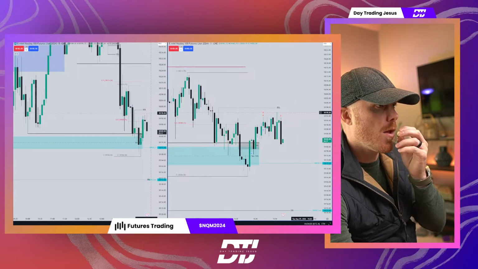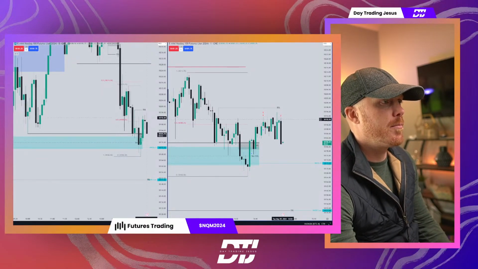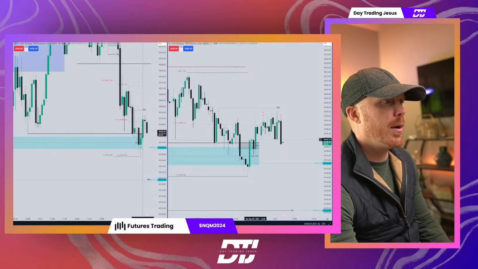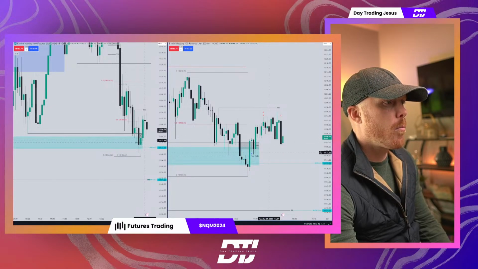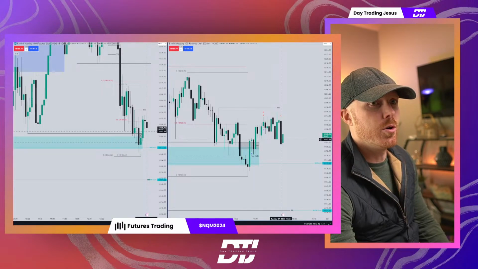All right, there's the stop out. This tells me we're heavy. We just inversed this fair value gap right here. And quite frankly, I had a really tight stop. I just wouldn't want to lose anything.